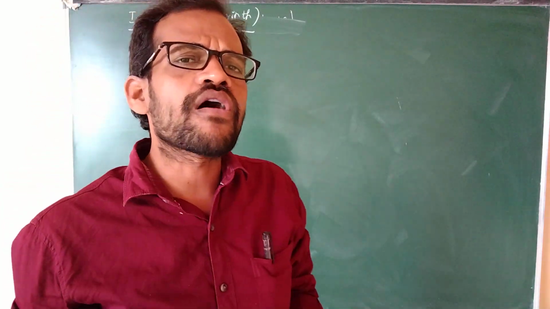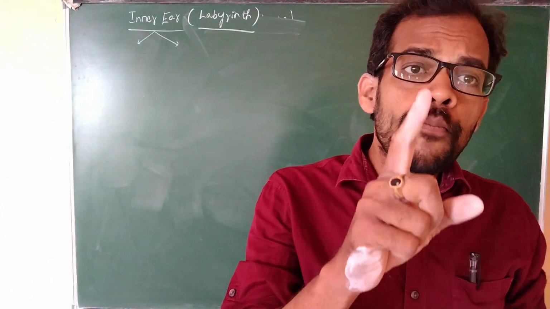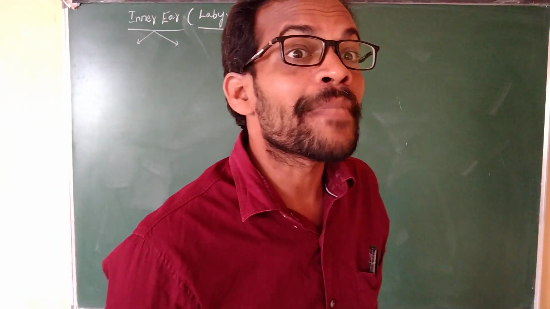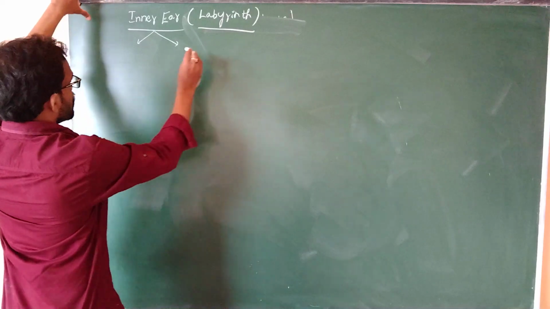The outer part of the inner ear is made up of the bony labyrinth. The inner part of the ear is made up of the membranous labyrinth.